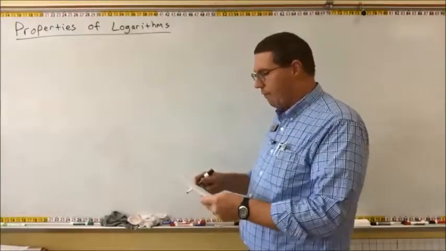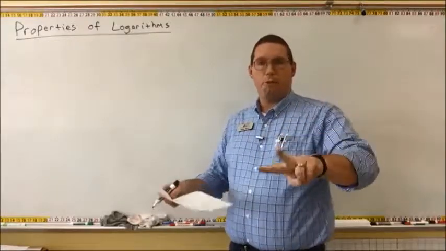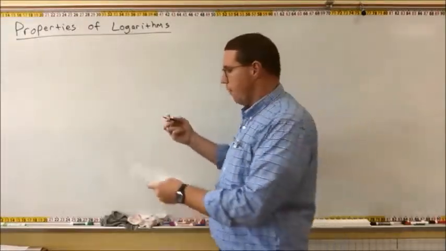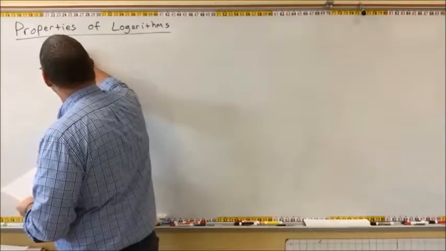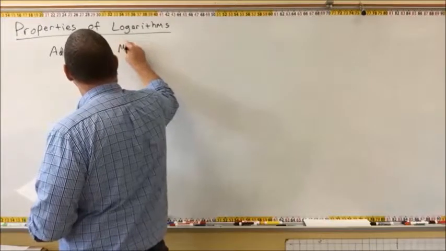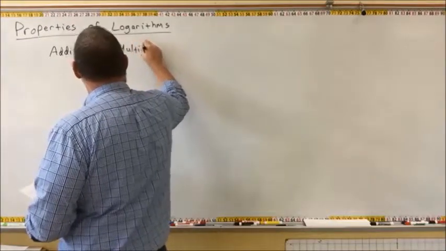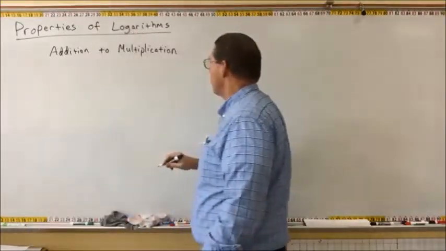Okay, so what we're going to talk about first is I'm actually going to take each property and split it up into two parts. The first one, I call it the addition to multiplication property of logarithms.